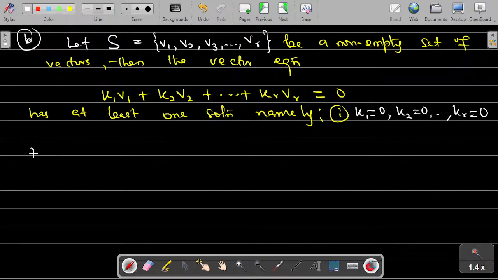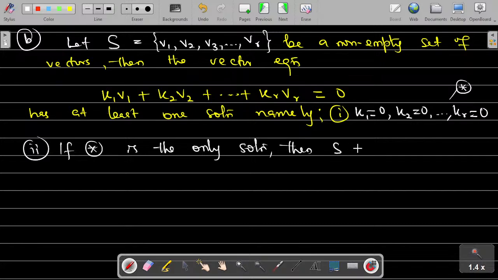And I think that's the second question. So they called this equation that we wrote here star. And then they said if star is the only solution, then S, that's the set of those vectors, is called linearly independent set.